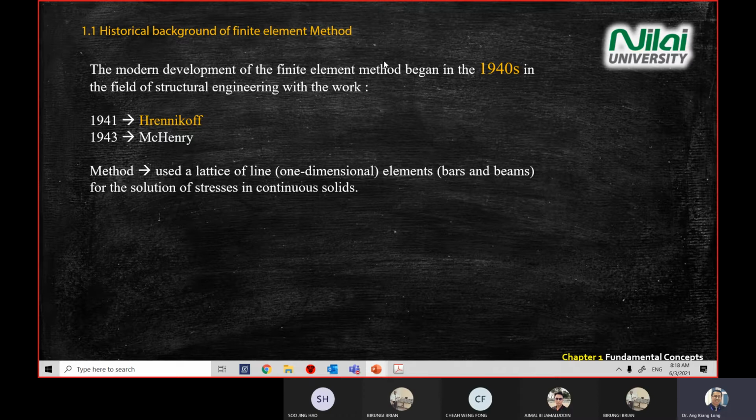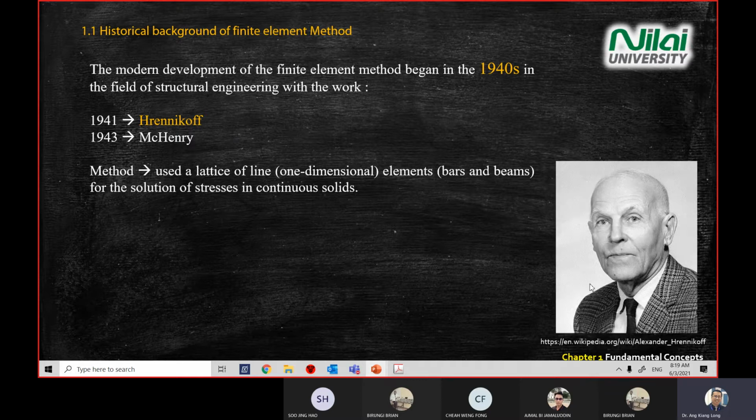It started in the 1940s by someone called Hrennikoff. Of course, it started with a very simple model, one-dimensional, with bar elements. It started with the stresses on a structure.